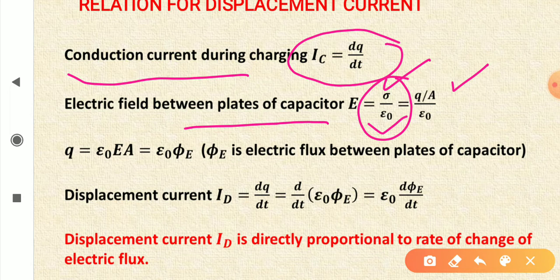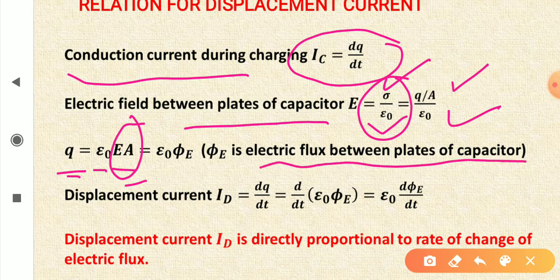From here just change the sides and you get Q, charge, is equal to epsilon naught EA. And if you look at this EA, this is electric field into area vector, and this is electric flux between the plates of capacitor. So I get epsilon naught phi E.